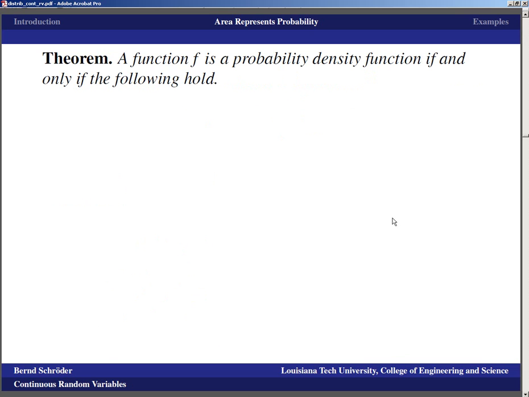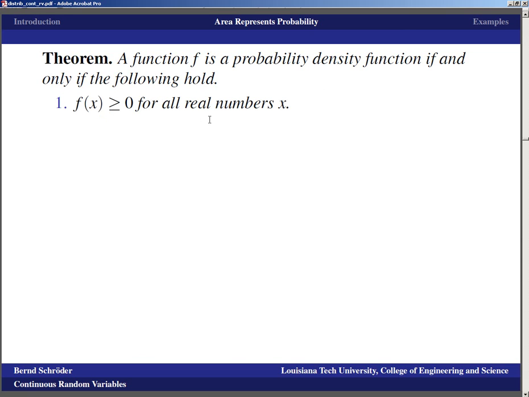Okay, so now when is a function a probability density function? A function is a probability density function if and only if the following hold. The function has to be greater or equal than 0 for all real numbers x, and that's because our integrals can't be negative, right?